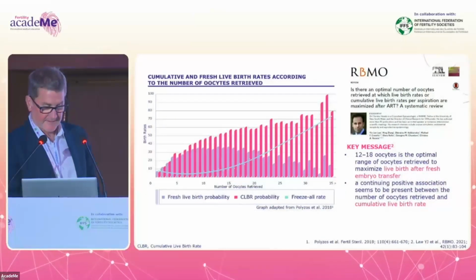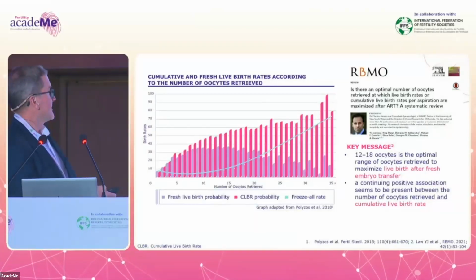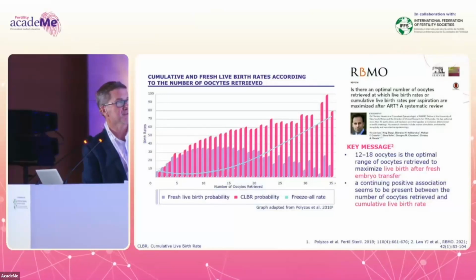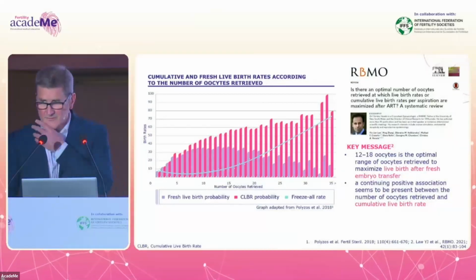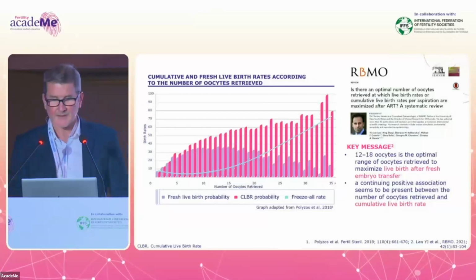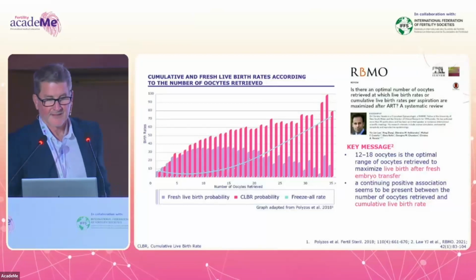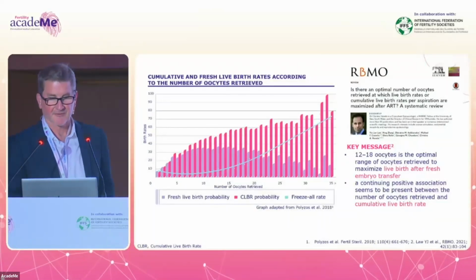This is a graph here of a study by Polyzos in 2018, looking at the cumulative and fresh live birth rates according to the number of oocytes retrieved.